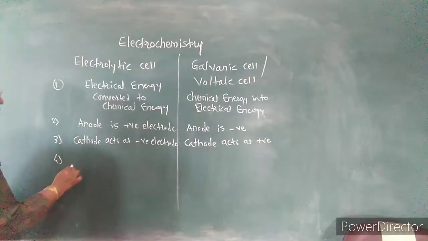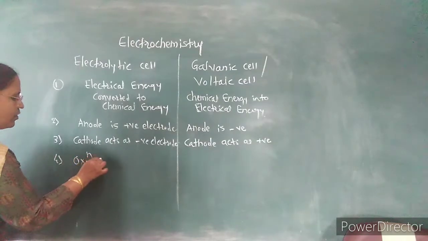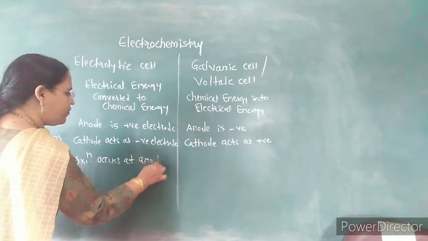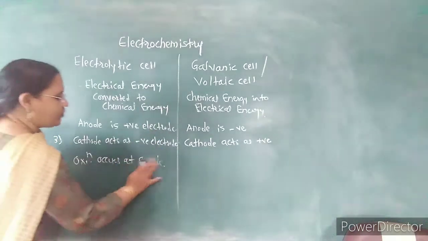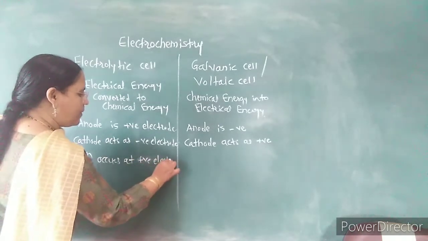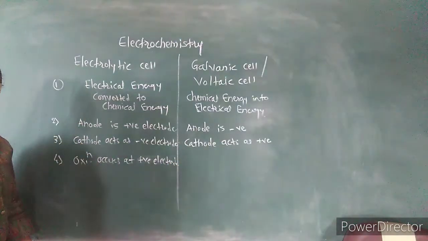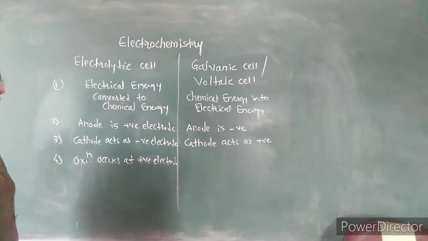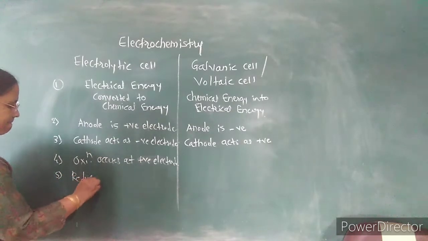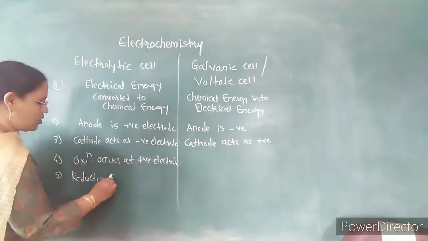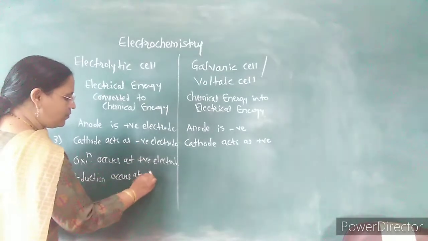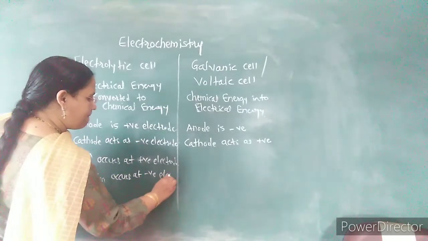Fourth one, oxidation occurs at positive electrode. Oxidation occurs at anode, that is on positive electrode. Here electrons are forcefully lost by the anode, while reduction occurs at cathode, which is the negative electrode.